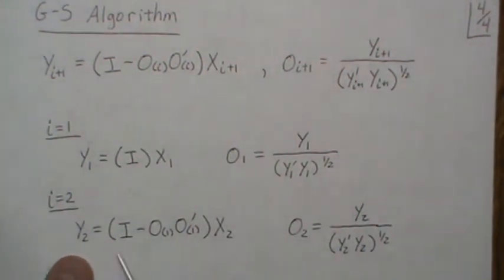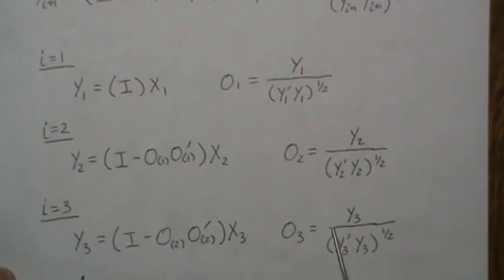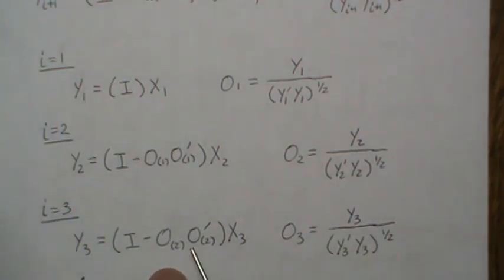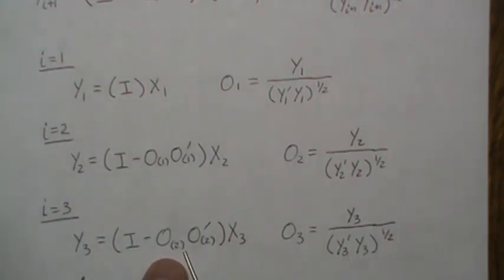Because it mapped it onto the orthogonal complement. Now then we normalize it, just make it length 1, and we keep going. So i equals 3, so y3 is equal to this, I minus O2 prime. So this is a perpendicular projection matrix onto the orthogonal complement of the first 2 columns of X, right?